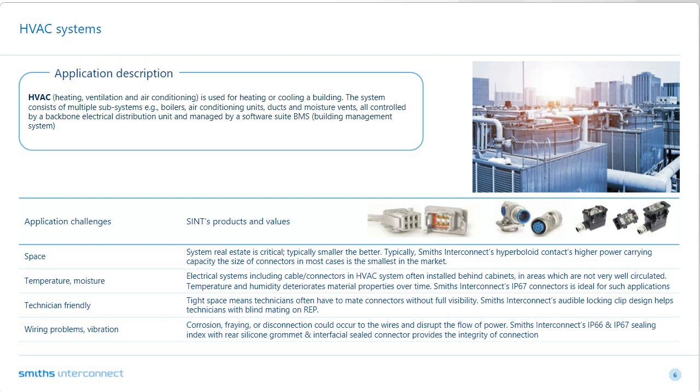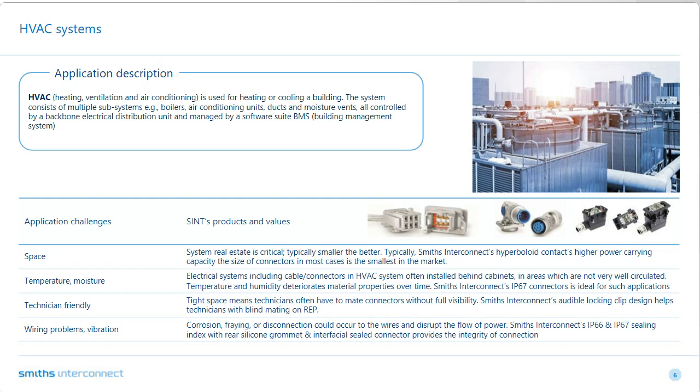The second piece that often comes up is temperature and moisture. Now, in the case of electrical systems, cable and connectors in an HVAC system are often installed behind cabinets or panels that are not very well circulated. With temperature and humidity over time, you reach the dew point and condensation starts.